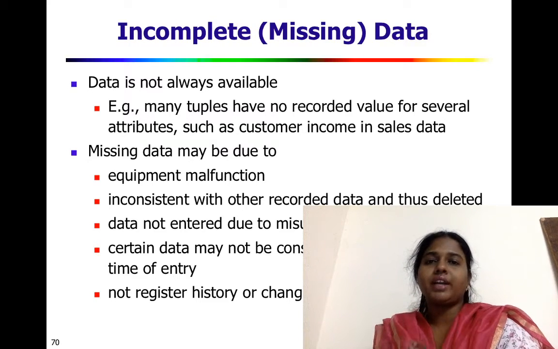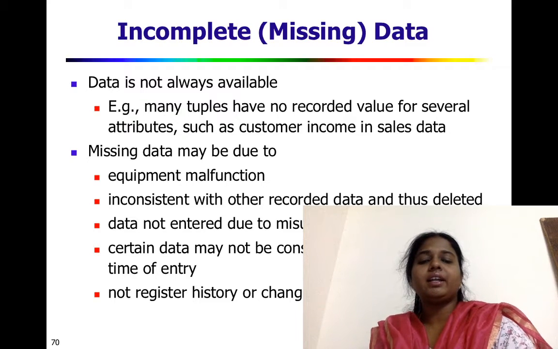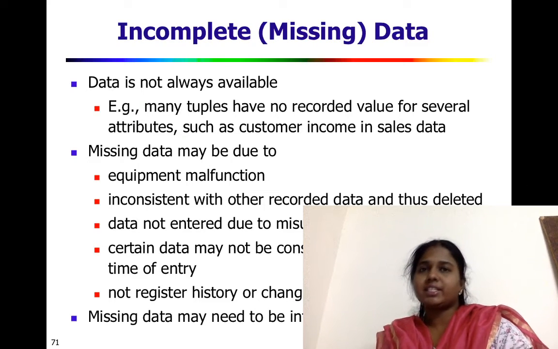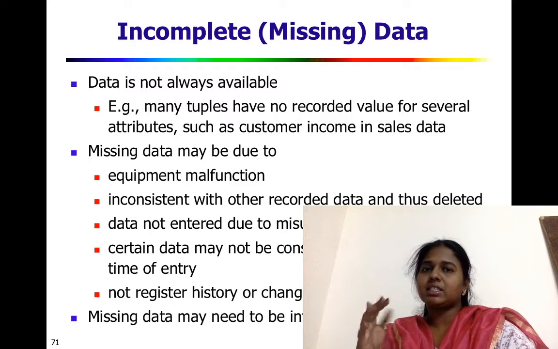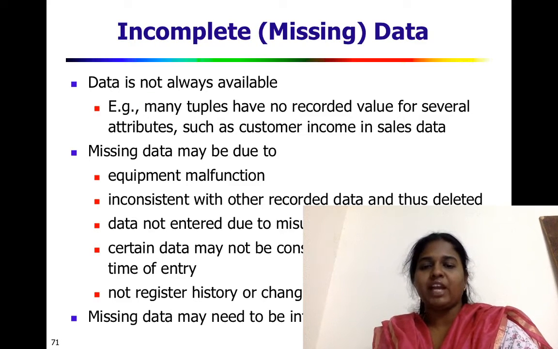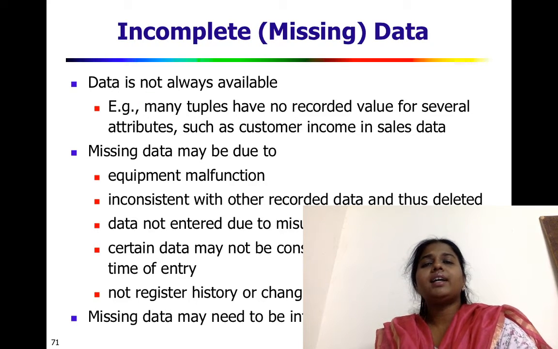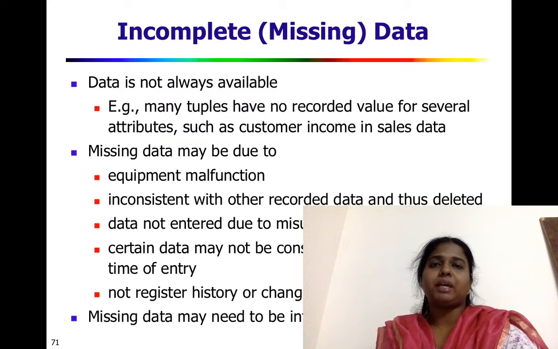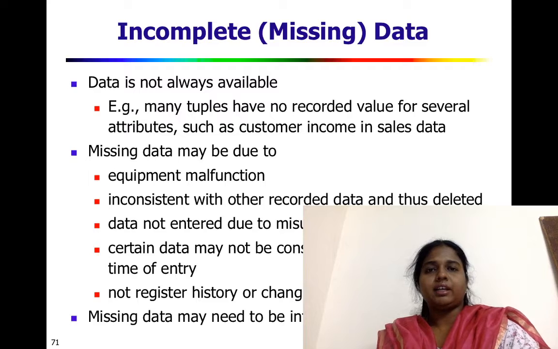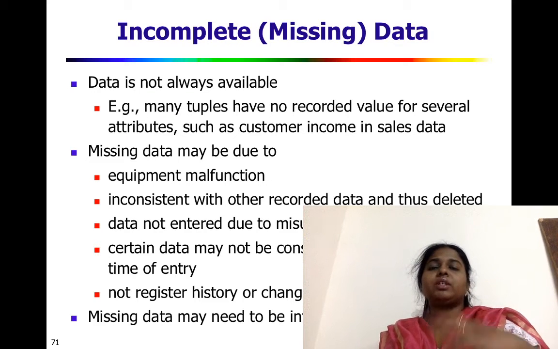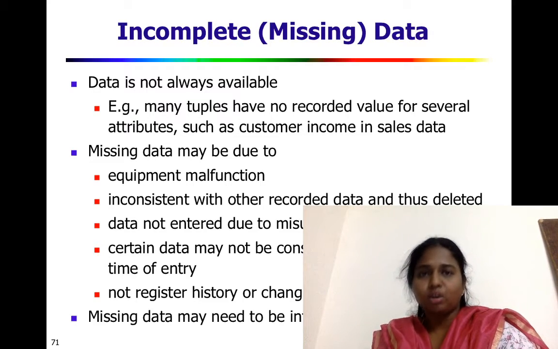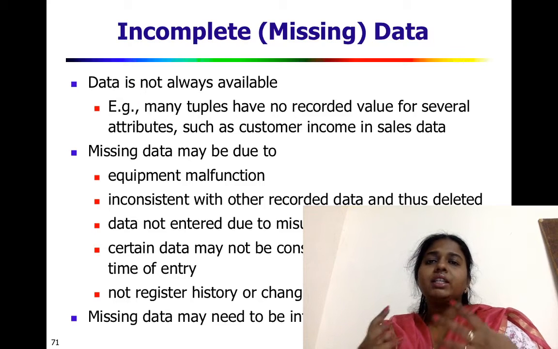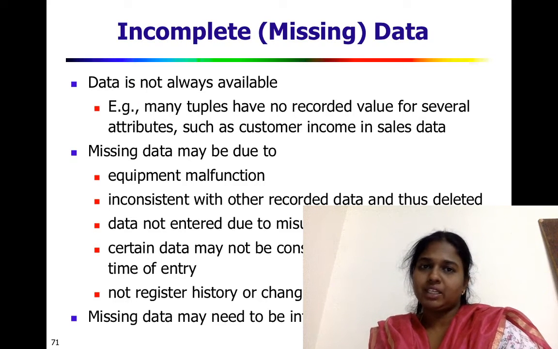So that's how data becomes missing. And we also forget to register the history once we start updating a particular value. And there are cases in which data may need to be inferred from another data which is given in another column. So all these aspects are looked into, and these are the sources of incompleteness of data.